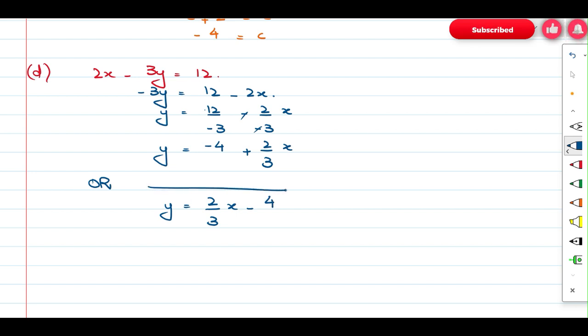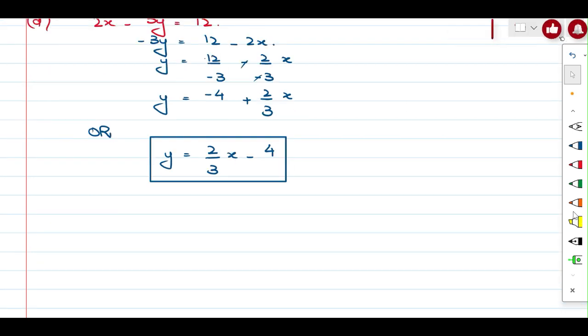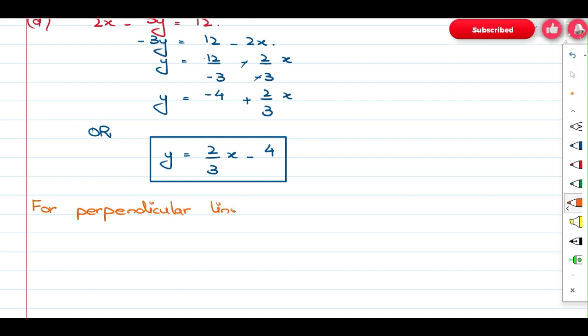Now this is the equation of a line. Now we need to figure out its perpendicular line. For a perpendicular line, their slopes or gradients are negative reciprocals, right?